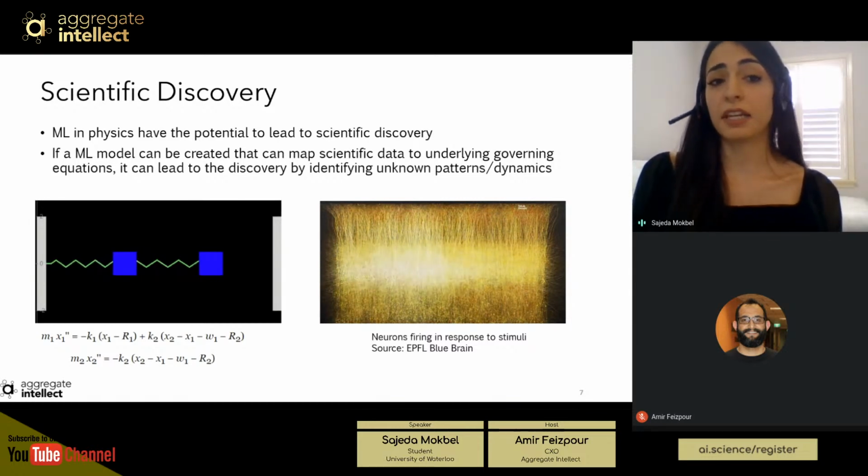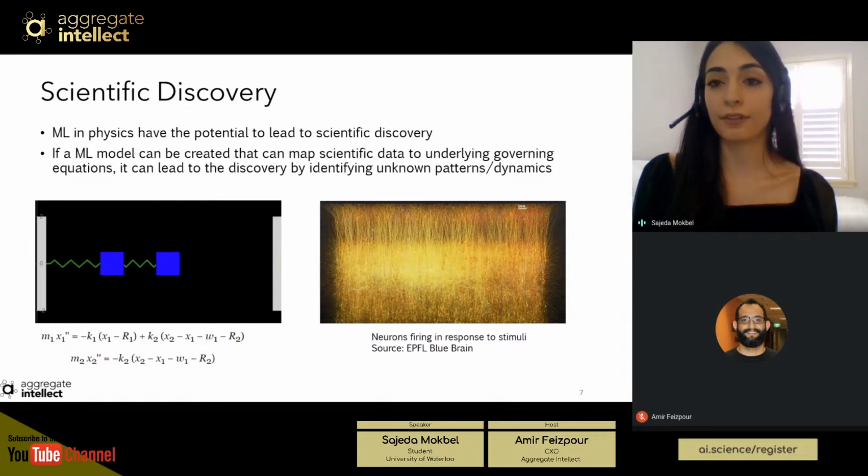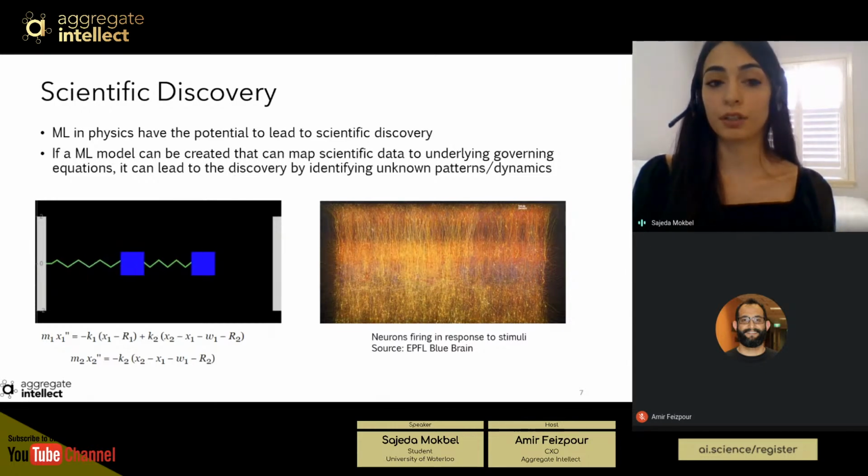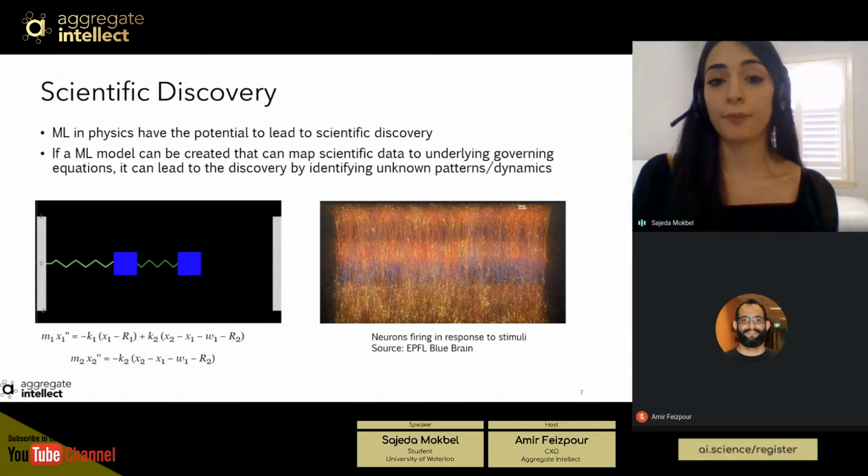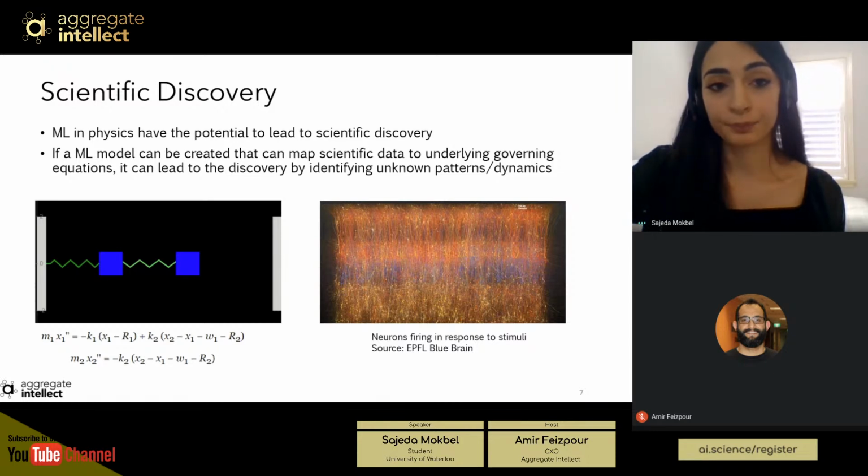The reason why I say scientific discovery is that I feel that eventually, if a really good machine learning model can make general predictions for discovering underlying patterns to things that we don't necessarily know, such as neurons firing in the brain, it can actually lead to discovery of unknown patterns rather than just deriving the same equations of systems that we do know, like on the left, of a double string.